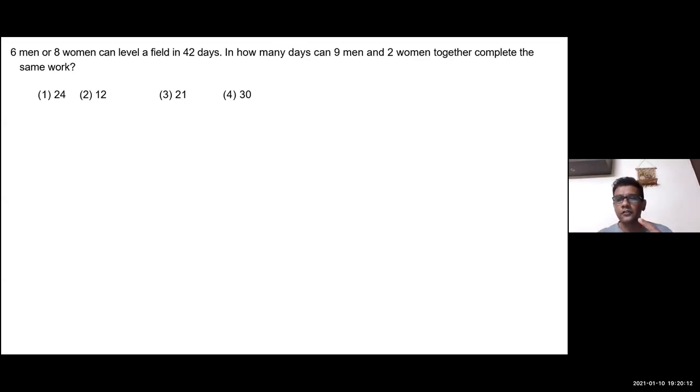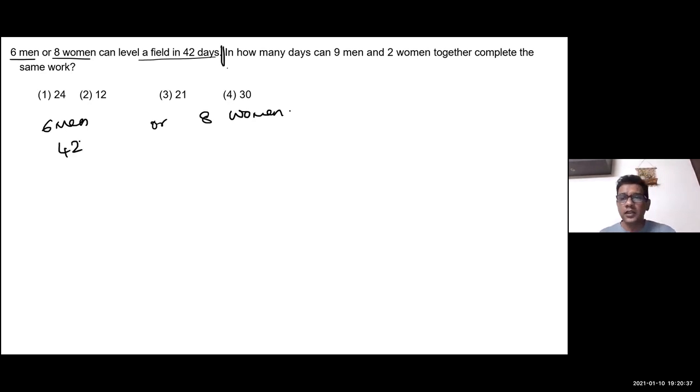So I'll do the first question that is there so that you understand how this works. Now the question says 6 men or 8 women can level a field in 42 days. Let's stop till here. Let's not read further. So I have 6 men or 8 women who can complete a job in 42 days.